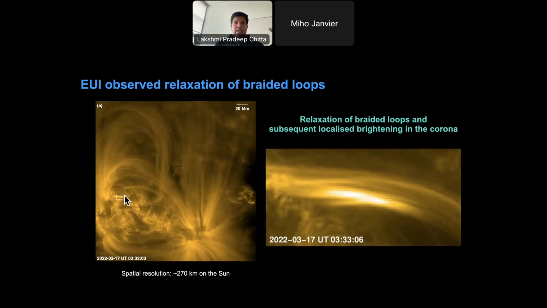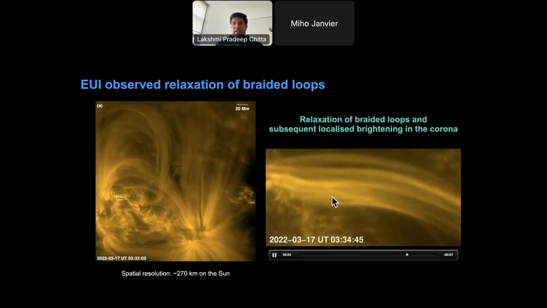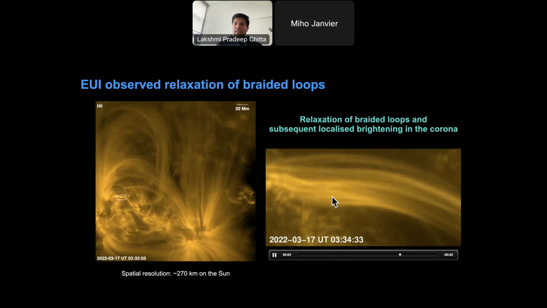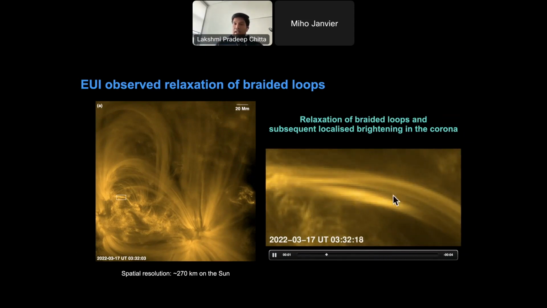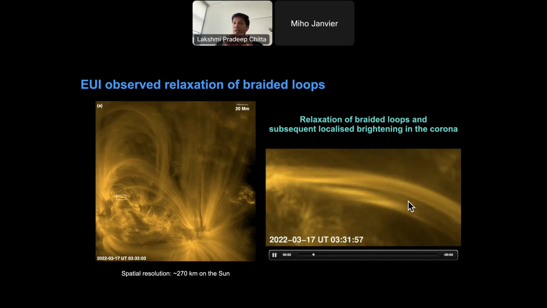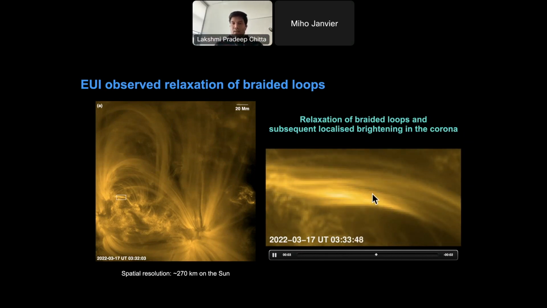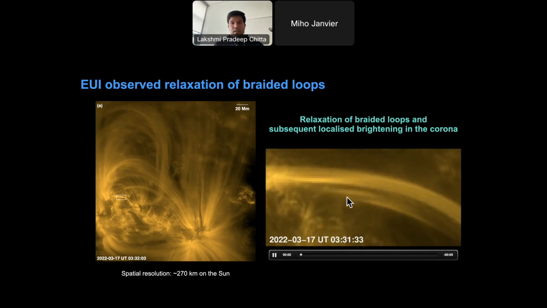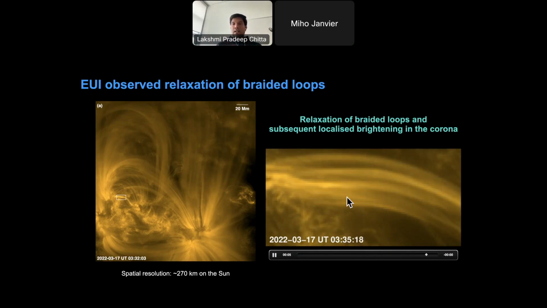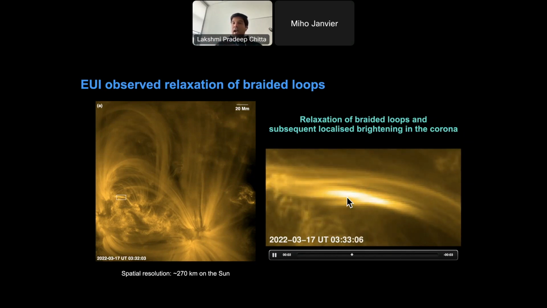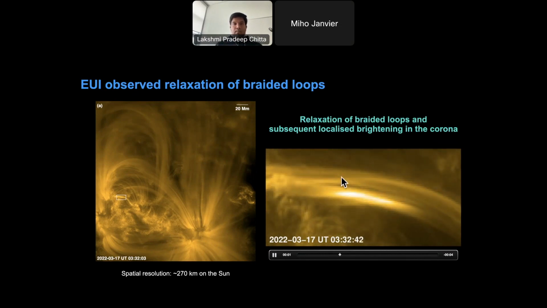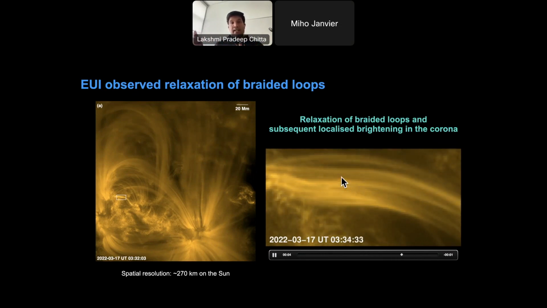So let me pick a small region here and then zoom in there. What we can notice here is that initially there are certain threads that we call coronal loops that appear to be wound or crisscross at this location, and as they begin to interact, there is a sudden brightening at that location, and at the end of this brightening, the loops become more and more combed, meaning that there is less and less crisscross.